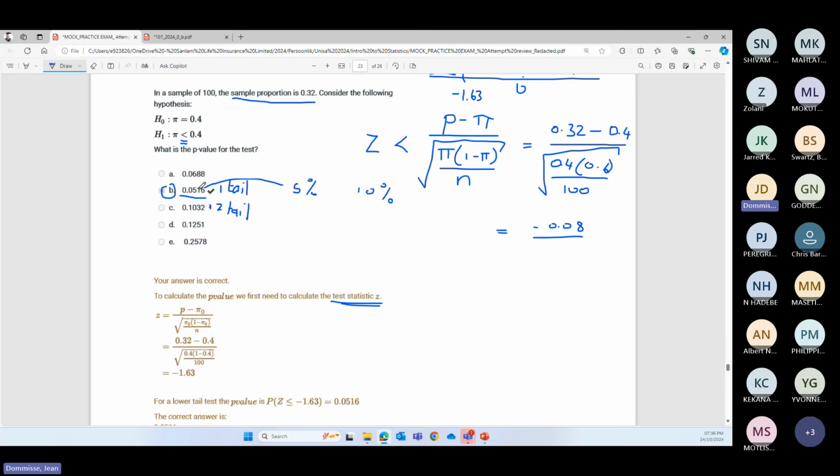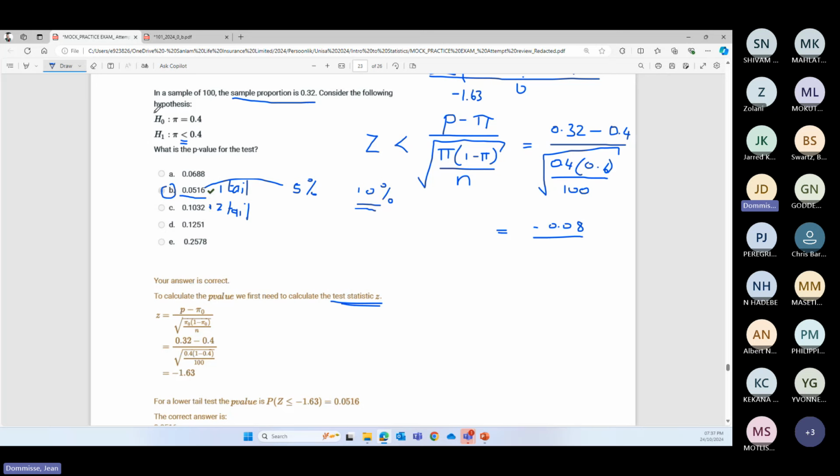Very important also for one tail or two tail. If this was two tail and you test it against 10%, then that two tail number is 10.32%, which is actually bigger than the 10%.